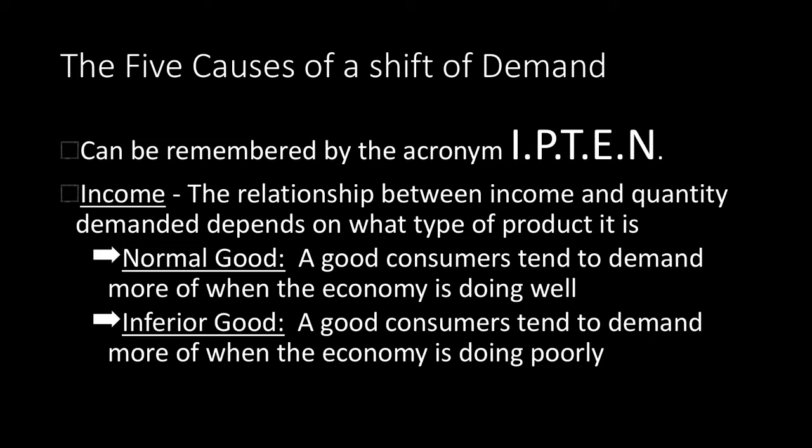So an example of an inferior good might be a generic brand product, or shopping at Aldi as opposed to shopping at Whole Foods. An example of a normal good would then be, say, a dinner out at a fancy restaurant. When the economy goes bad, people don't go out for fancy meals. When the economy is doing well, they do, and the demand for dinner out is going to increase.